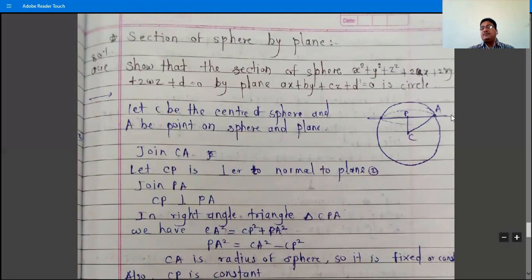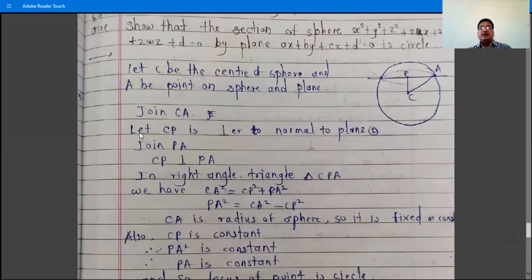Suppose this is the plane by which we take the section of the sphere. So this point A is a point on the plane as well as the sphere, one of the points of intersection. Then join CA, and also PC and PA.